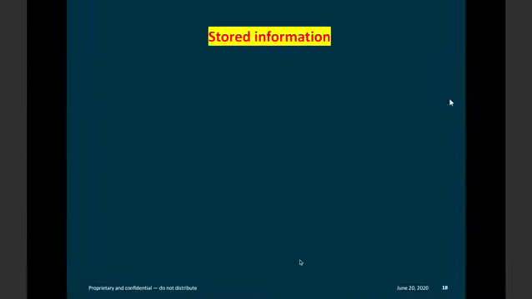A few words about stored information. A patient has come, you have interrogated the device, you go to the stored information. What do you look for in the stored information which will help you troubleshoot? You can look for certain observations. The device immediately gives a column saying observations, interesting observations, which the device highlights to the implanting physician who is following up the device.